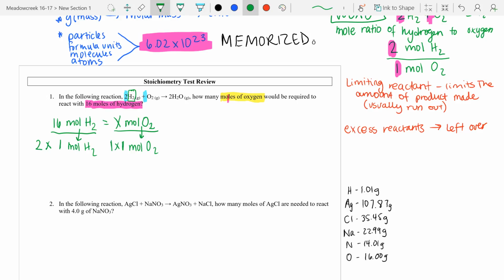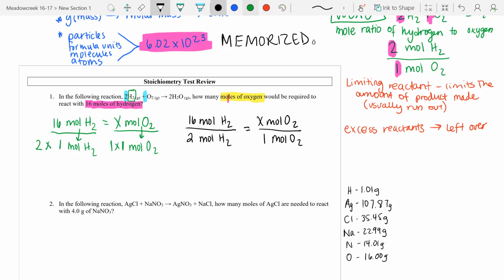And step 6 is lastly to just cross multiply and solve. So what I'm going to do first is simplify my denominator. I'm going to keep my 16 moles of hydrogen over 2 times 1, which gives me 2 moles of hydrogen, and it's equal to x moles of oxygen over 1 times 1, which is just 1 mole of oxygen.